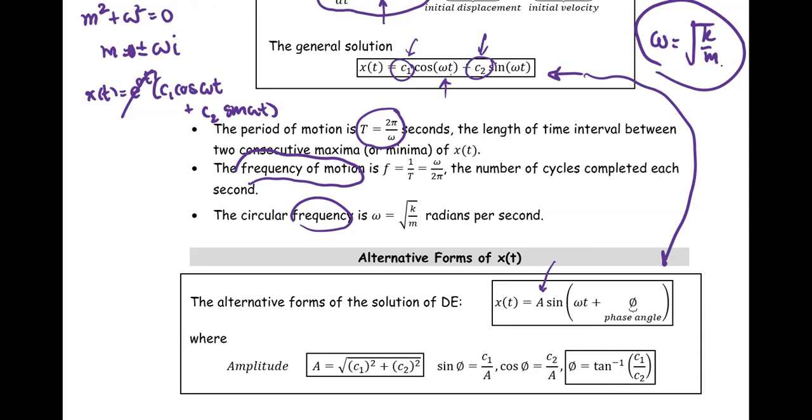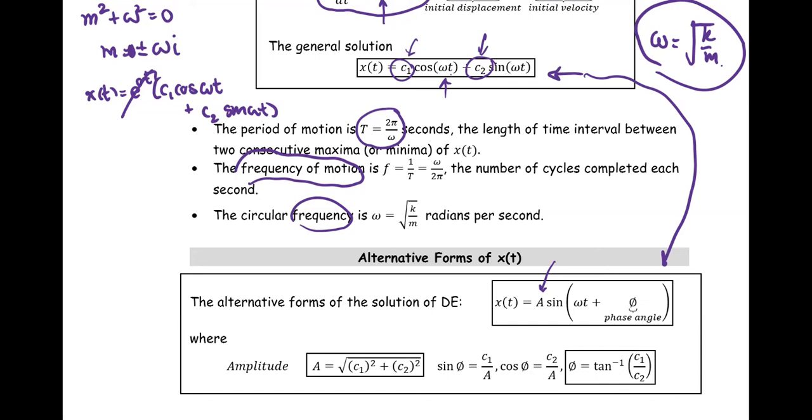Okay? And the phi here is the phase angle, which is for graphing purposes, so you know where the first cycle starts. The phase angle phi comes from the inverse tangent of c1 over c2. That means the alternative form of the solution can be found.